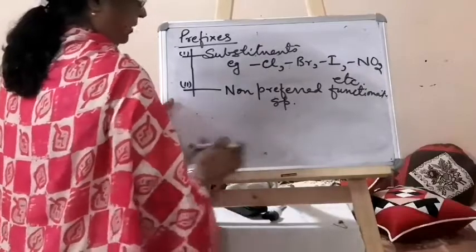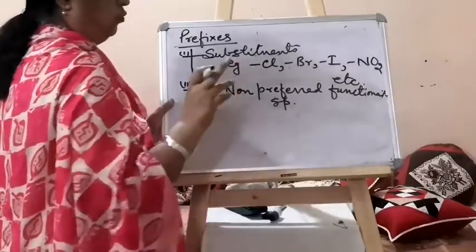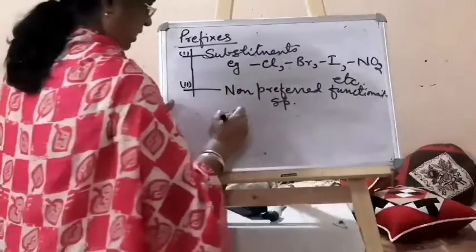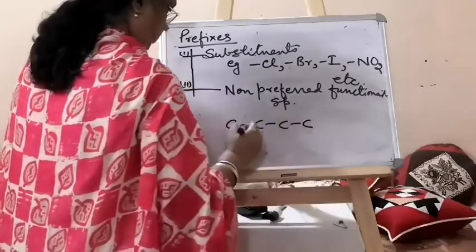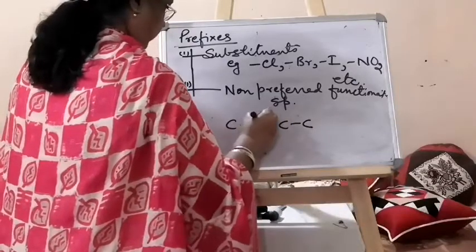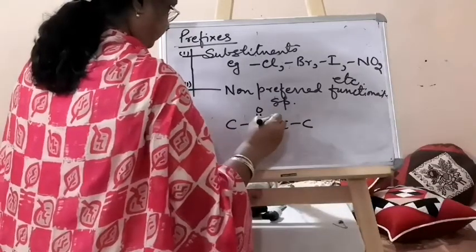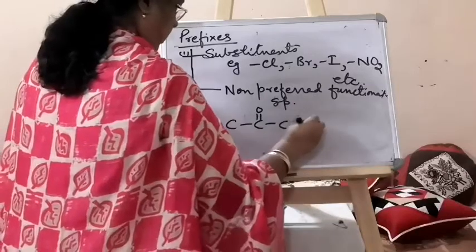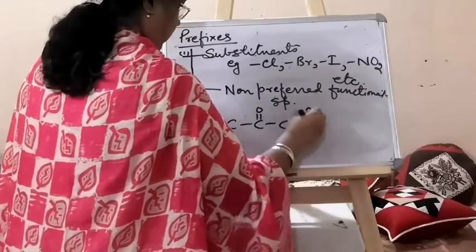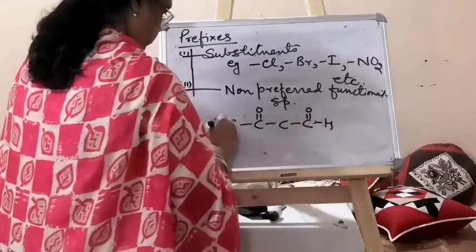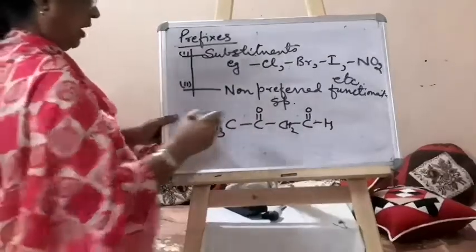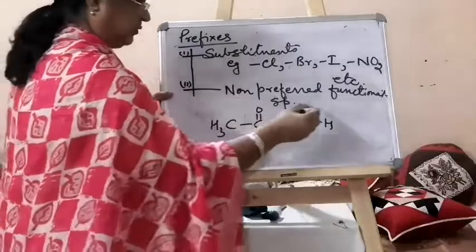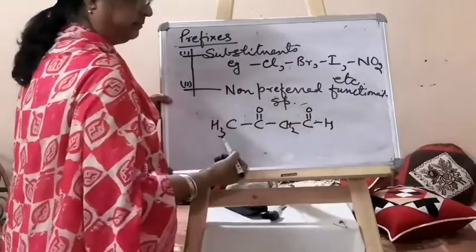If you have more than one functional group in a chain, like suppose this compound, and here you have a ketonic group and here you have an aldehydic group, CH3, CH2. You have ketone as well as aldehyde.